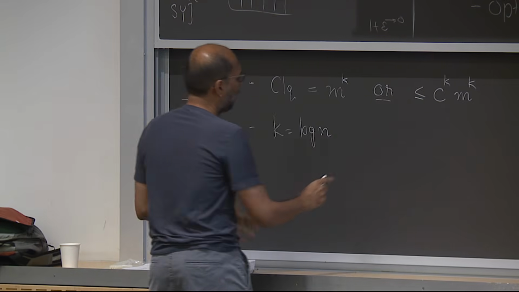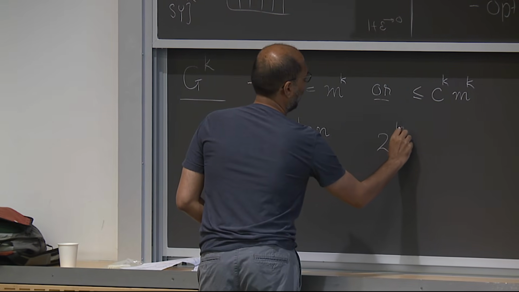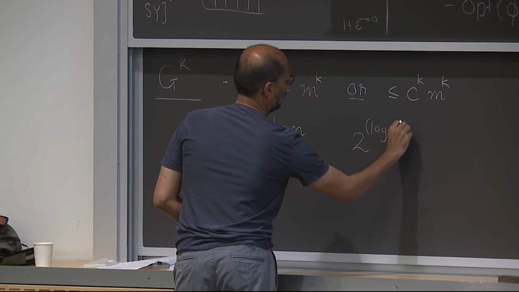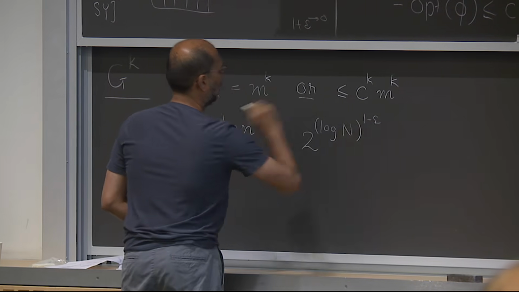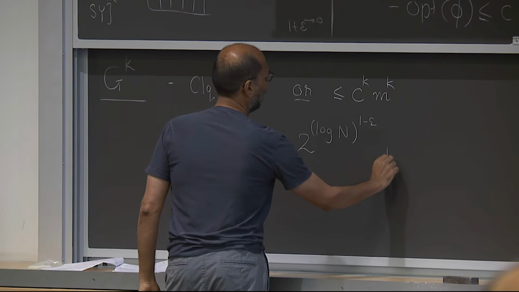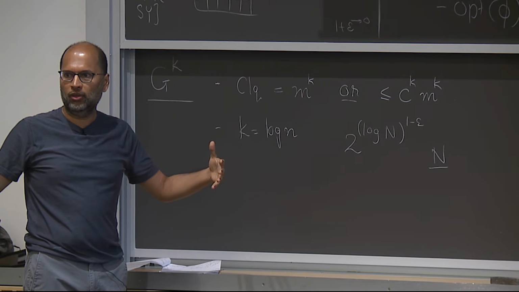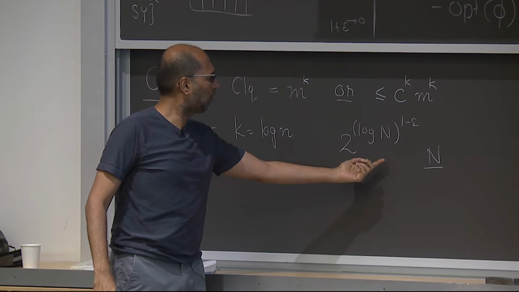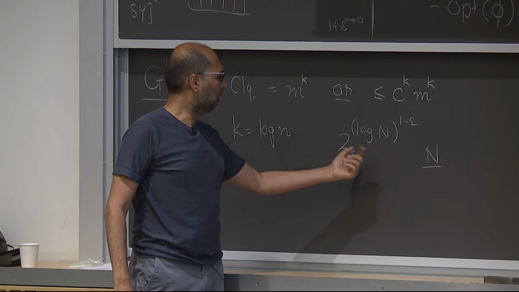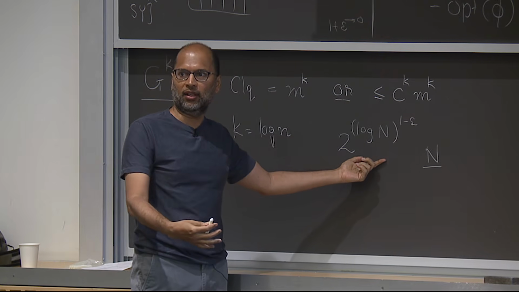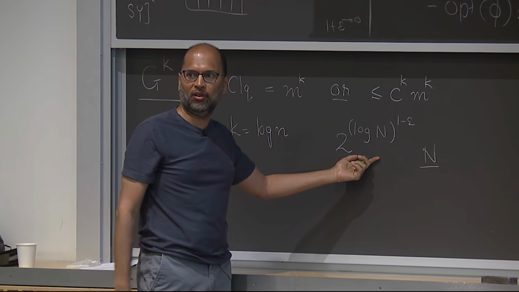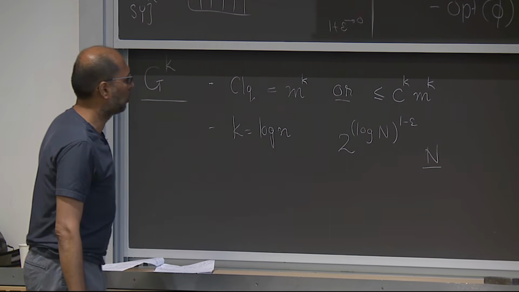So here you can only get a hardness factor which is something like 2 to the log n to the 1 minus epsilon, where n is the size of the graph after the products, right? So this is fairly commonly referred to as almost polynomial factor. It's almost there, as a polynomial function of capital N.